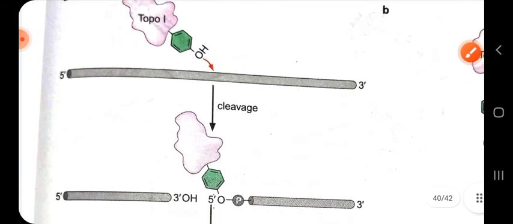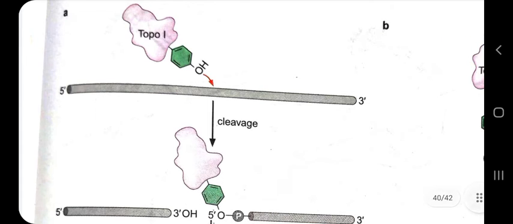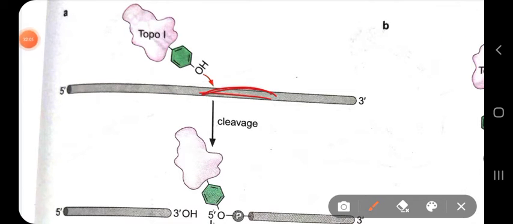This is your DNA, and topoisomerase, with the help of its functional group, is trying to cut the phosphodiester bond of the backbone of the target DNA.